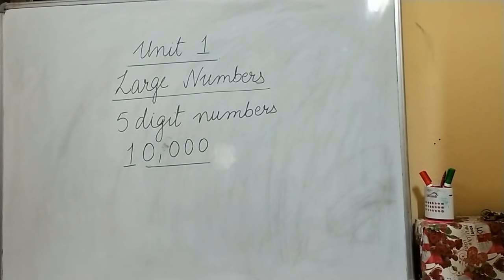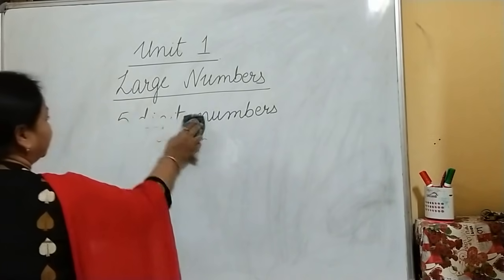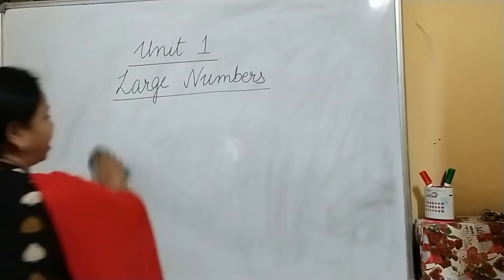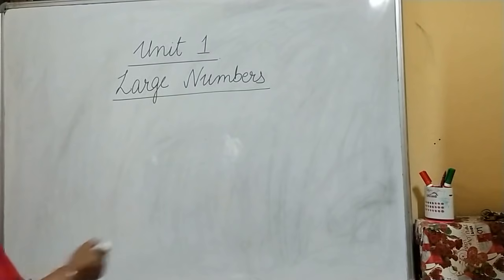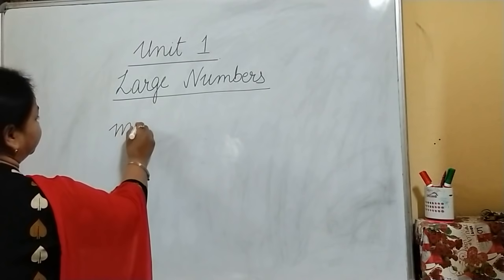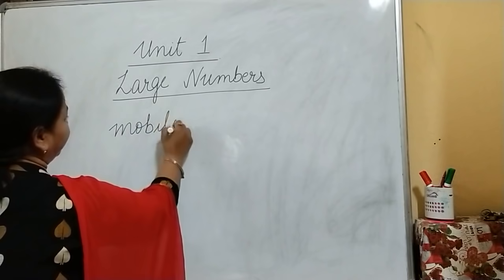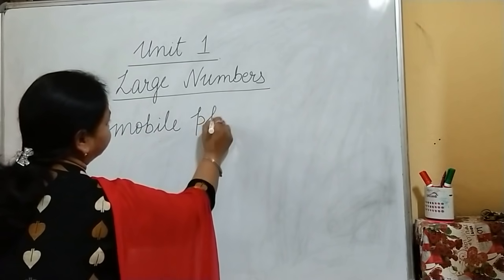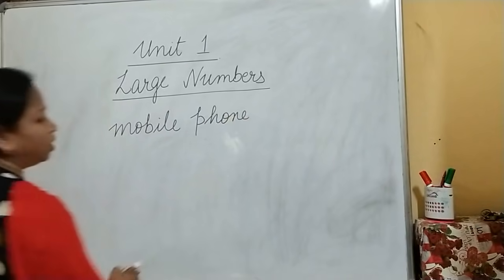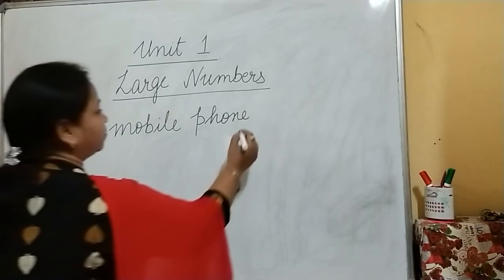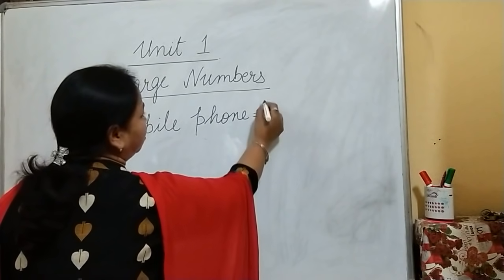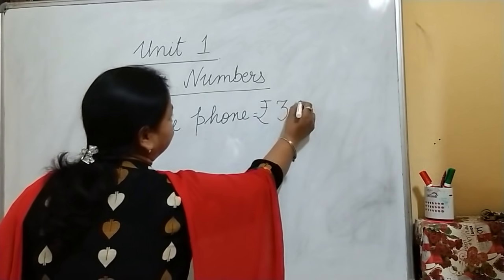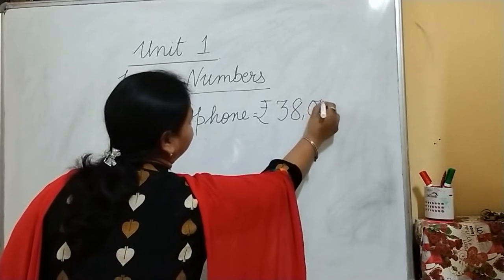As you all know, we come across large numbers in our day-to-day life. For example, if your dad has purchased a mobile phone, what is the cost of this mobile phone? It is approximately, let us say, 38,000.